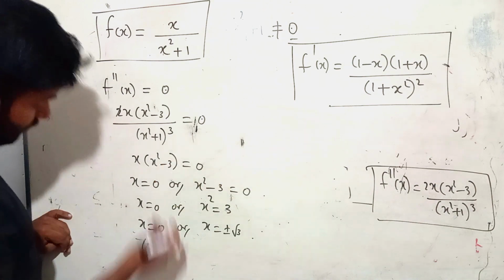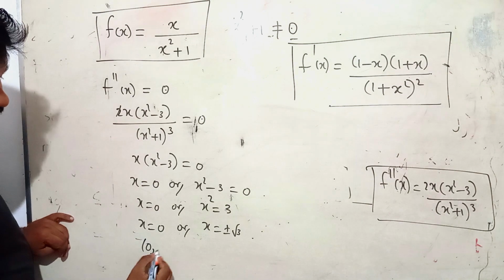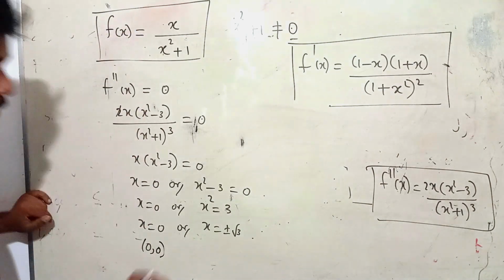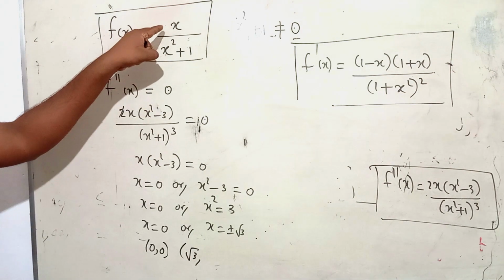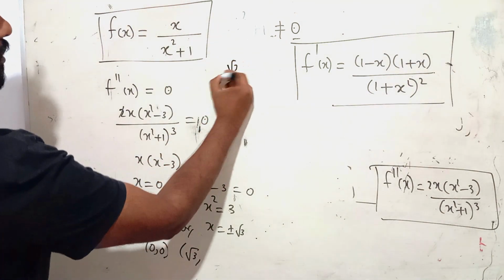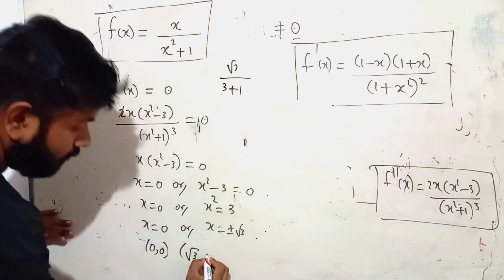Right? So you have to find the corresponding coordinates. So when x is equal to 0, y is also equal to 0. Just substitute here. When x is positive root 3, substitute root 3 here. So it's going to be root 3 over (3 plus 1), root 3 by 4.